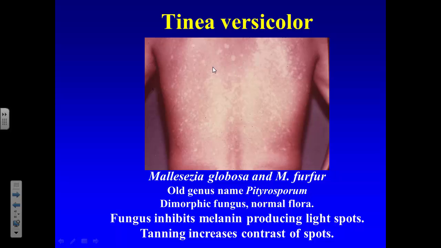And it changes color because when you have an infection of this and you tan, the contrast increases. The other thing is that the fungus kind of inhibits melanin production, so you end up with these light spots where you are infected and your skin's a little bit darker. And if you tan, it becomes even more contrasting.